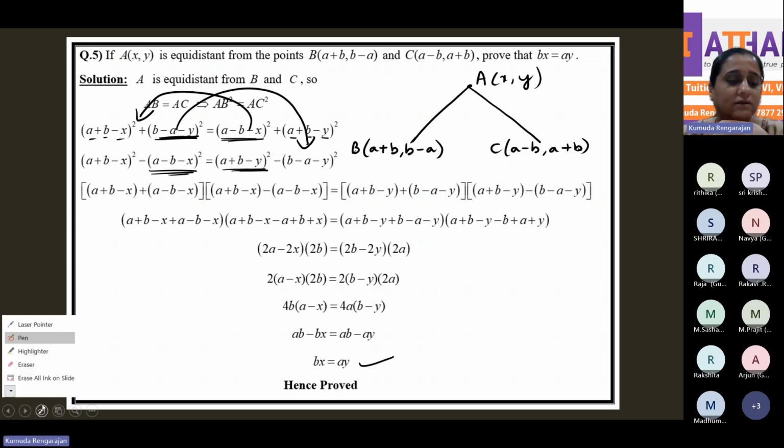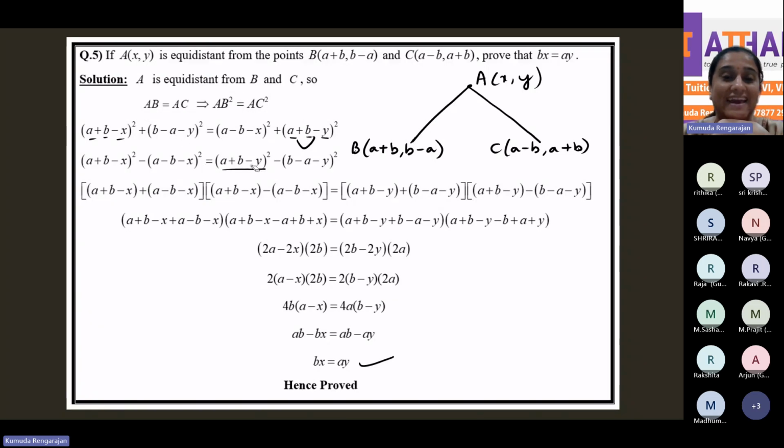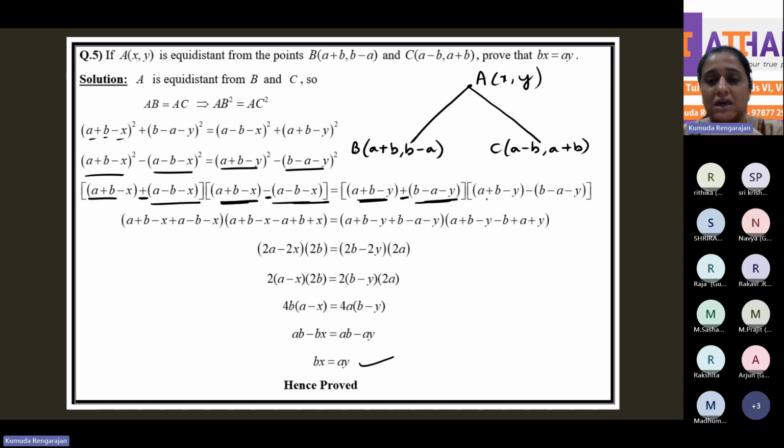That way you will make it look like A square minus B square, which is A plus B into A minus B. On the other side, A plus B, A minus B. And then you have to remove the brackets, simplify, and it cancels out.